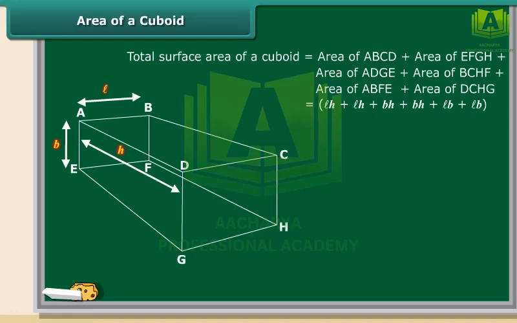Therefore, the total surface area of a cuboid is equal to 2 into (lb plus bh plus hl).